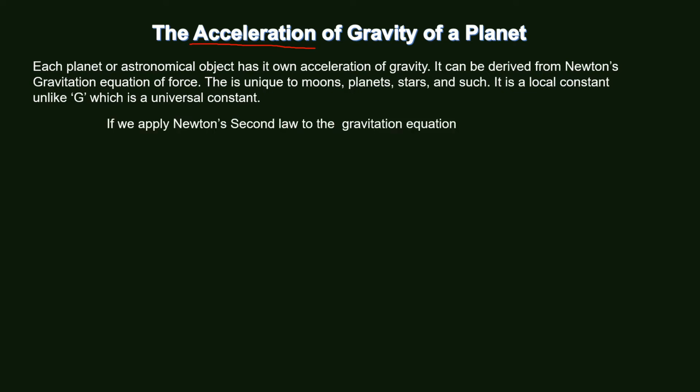So if we apply the second law to Newton's gravitational equation, and you know the second law is ma, and ma is equal to force, we have this expression here, and then we can cancel out the m's, and we get the gravitational acceleration equation where this a would be g.